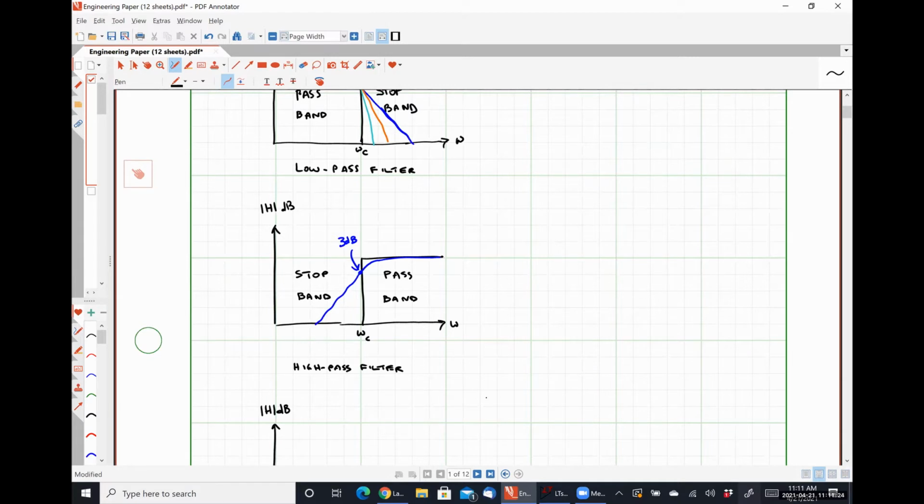Nope. 20 log 2, log, not natural log. Yeah. Okay. So if you had a gain of 6 decibels, that would mean that roughly your output signal is about 2 times larger than your input signal.